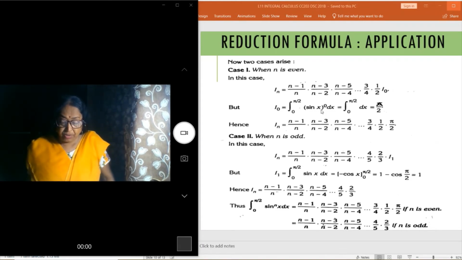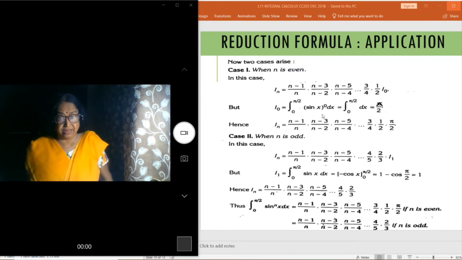So putting these values in In, we get In is equal to, in the denominator n, then above it n minus 1, then n minus 2, n minus 3, and so on. And it lasts up to 1 by 2, and since I0 is equal to pi by 2, we have to put the value of pi by 2.